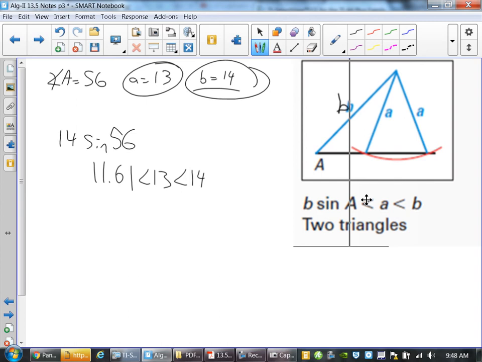Trying to be visual and help you guys out. So there's your 13, 56 degrees. There's 14. I put 13 in the wrong spot.